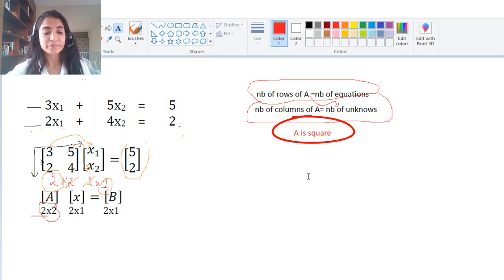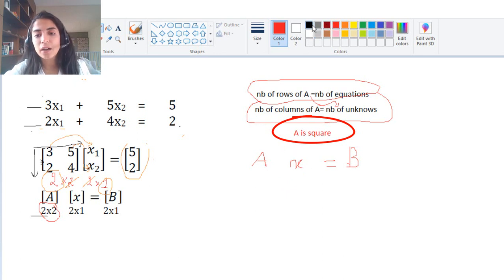Okay. Now, guys, keep in mind that A should be square because we will also be using it in finding X. So how to find X? I know that AX is equal to B and that AX and B are matrices. How can I find X?